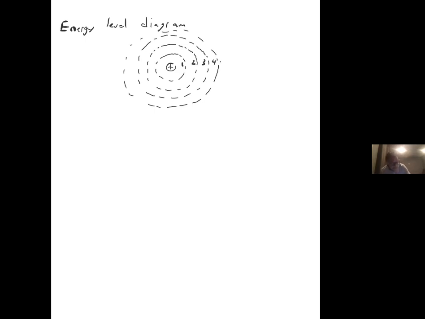And you can go out further and further. So it doesn't take up that much room, I'll go 5 and 6. And in theory, there's no limit to how large that number can get.